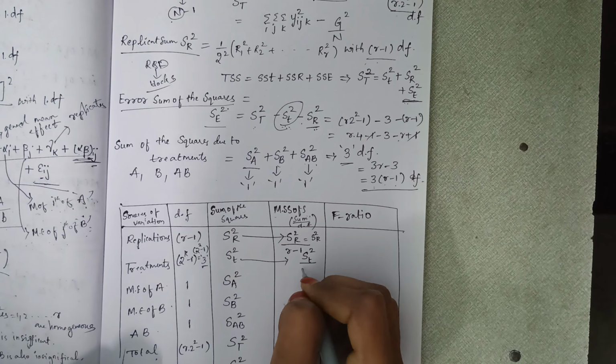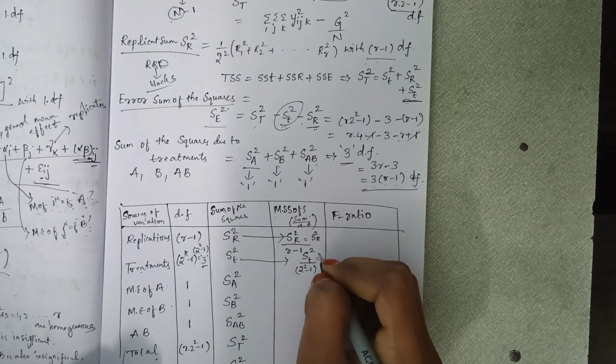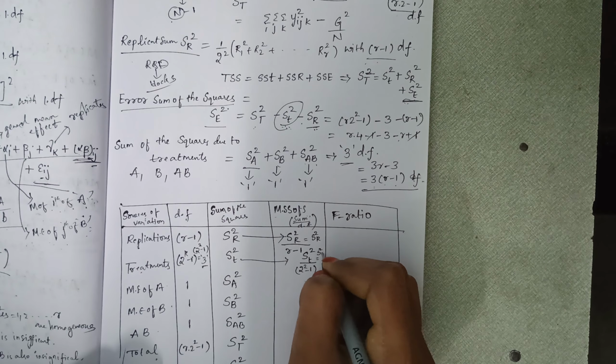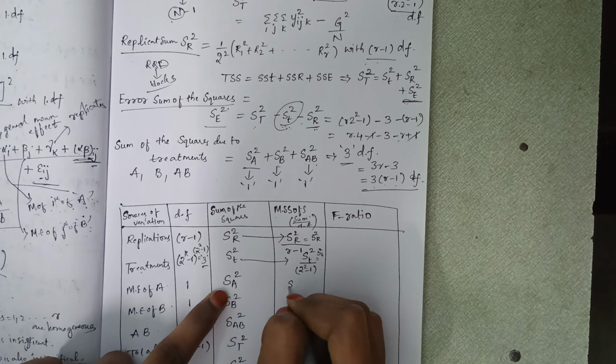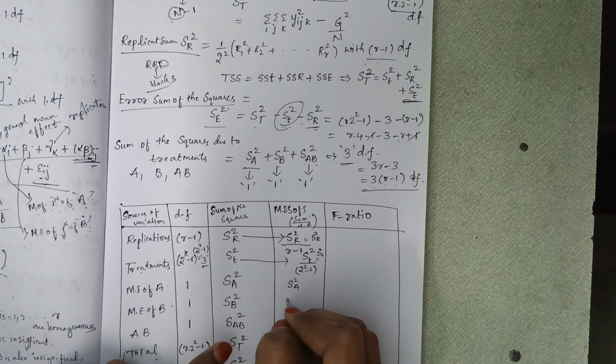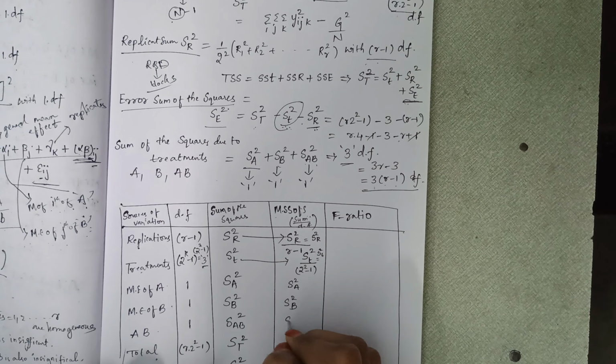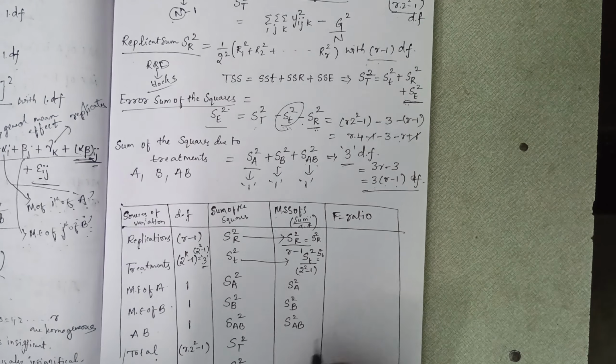S square T by 2 square minus 1, which is small s square T. And this is small s square A, this is small s square B, this is small s square AB.